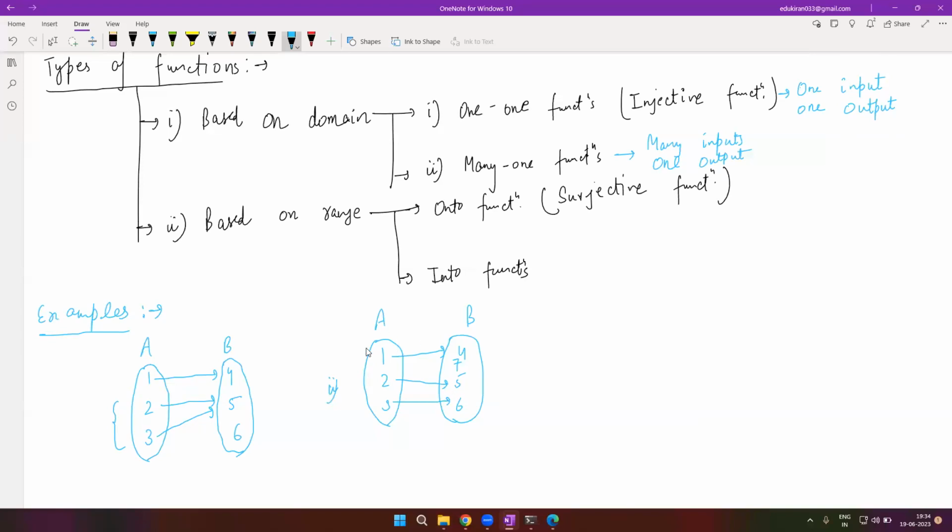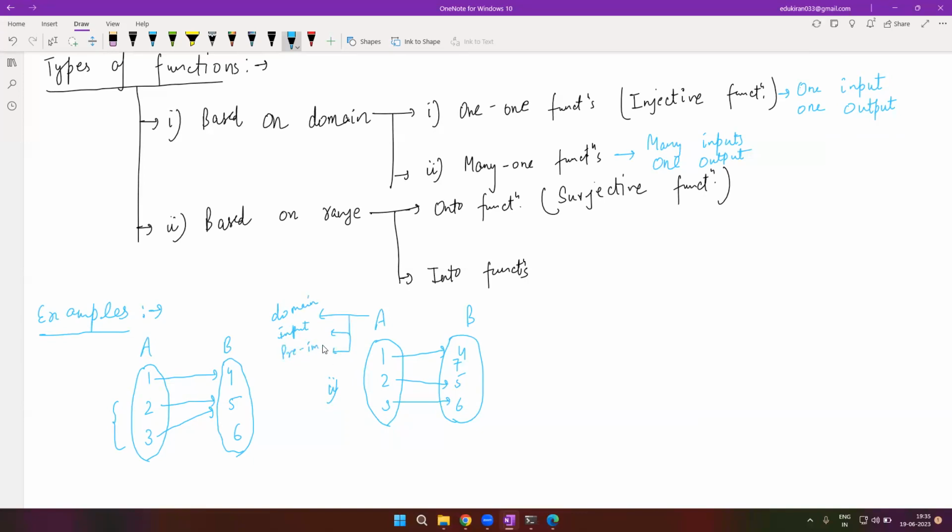So this first set A is known as your domain, or input, or preimage.